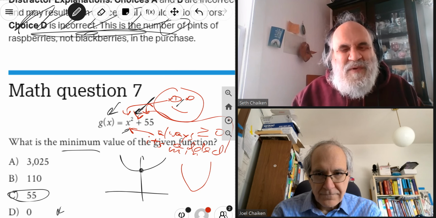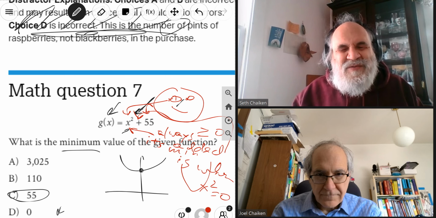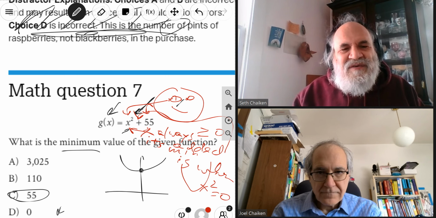So I thought, well, then the minimum is when x squared equals 0, and x squared certainly could be 0. And so when x squared is 0, the answer is 55.